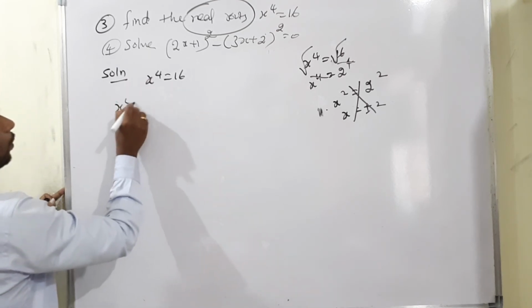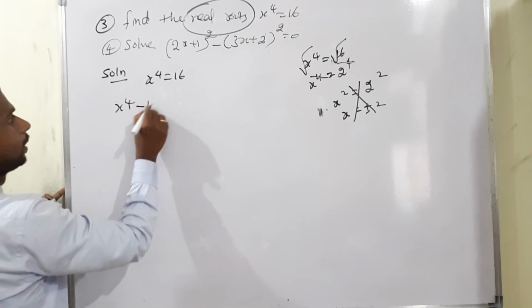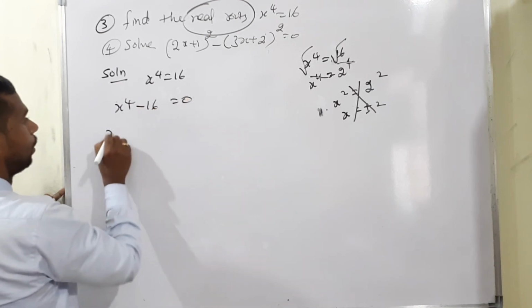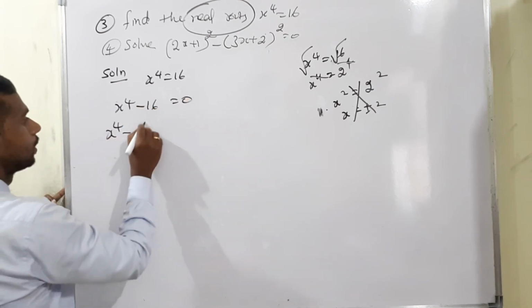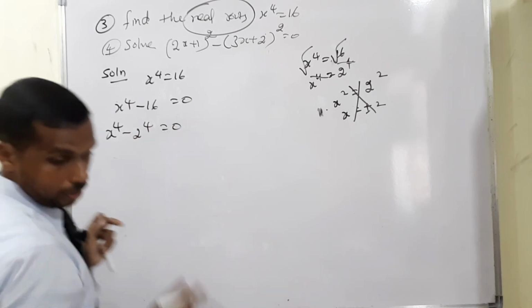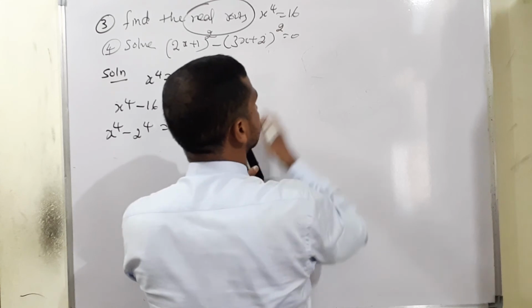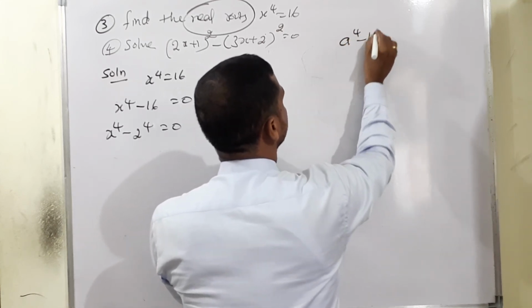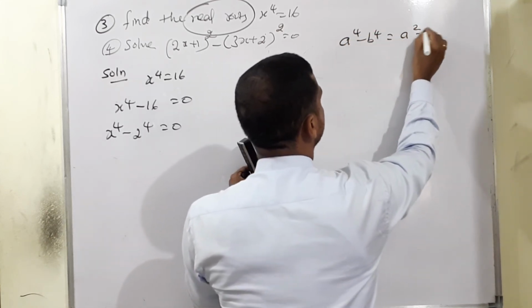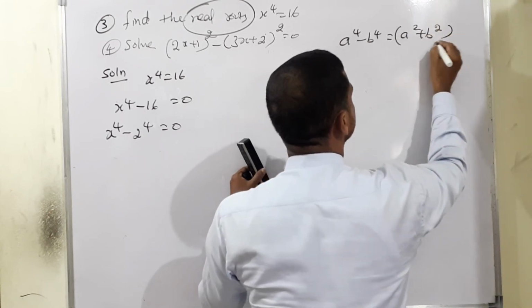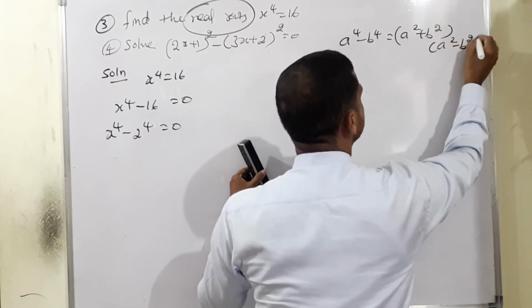x power 4 is equal to 16, bring it to the opposite side: x power 4 minus 16 is equal to 0. Now we can split it: x power 4 minus 2 power 4 is equal to 0. Now we can apply one formula: a power 4 minus b power 4 is equal to a square plus b square into a square minus b square.